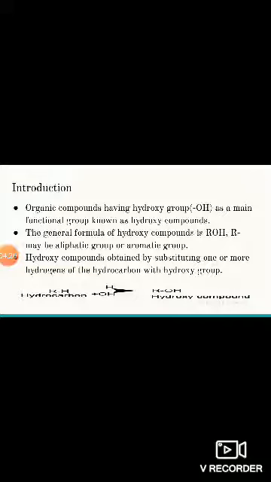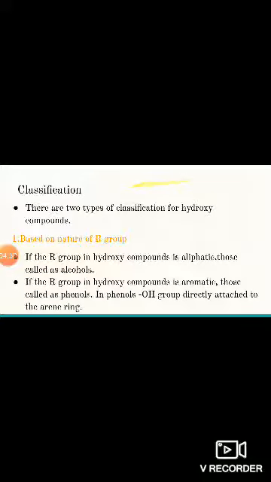Here we remove H from RH and add OH, then we get the corresponding hydroxy compound, that is ROH. So simply, hydroxy compounds are derivatives of hydrocarbons. Next, okay, fine. Next.